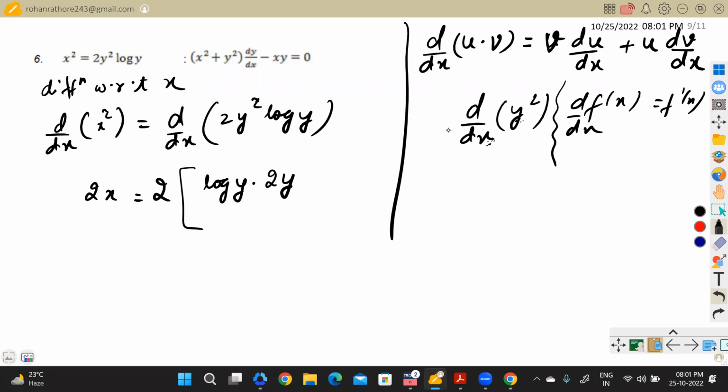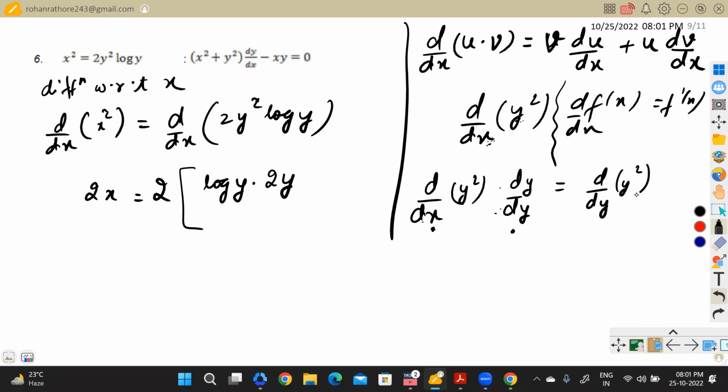So what we can do here is d by dx of y square, we multiply it by dy and we divide it by dy. In the next step, we interchange these dx and dy to get d over dy of y square into dy by dx. So now we have the derivative of y square with respect to y. So this can be performed to get 2y, and we get dy over dx as it is.